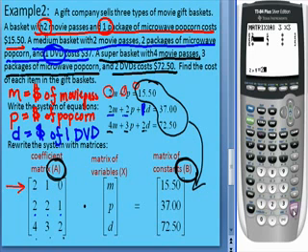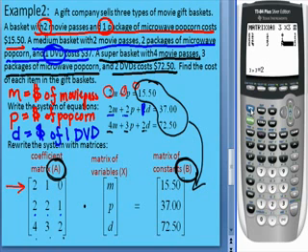Then I have 2, enter, 2, enter, and 1, enter. Okay, and then my third row, I want 4, enter, 3, enter, and 2, enter. Okay, so there's my coefficient matrix, that's matrix A.